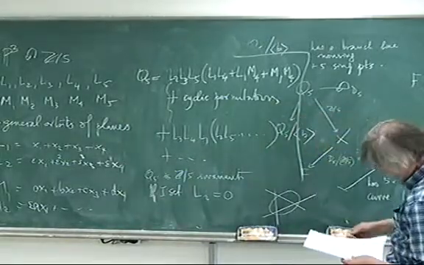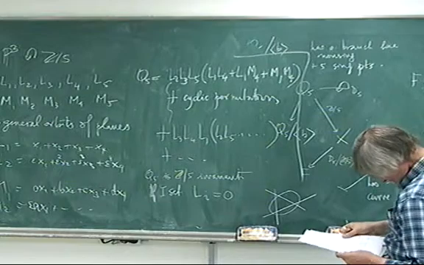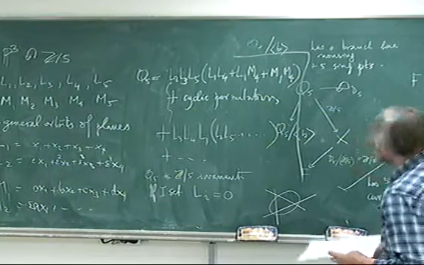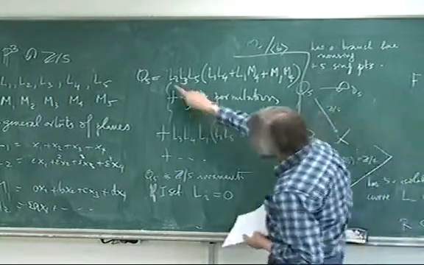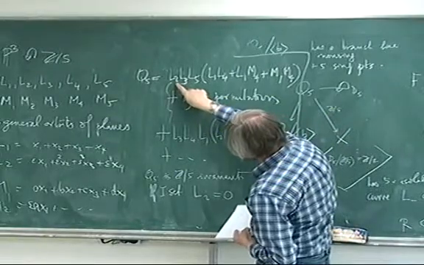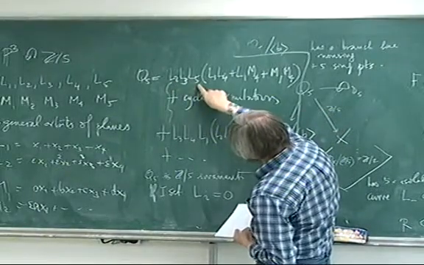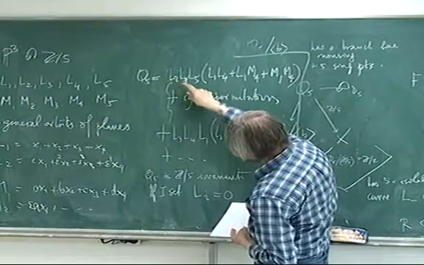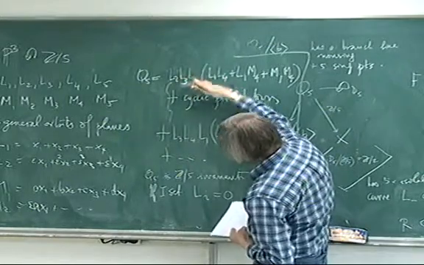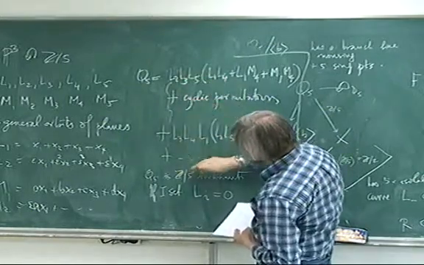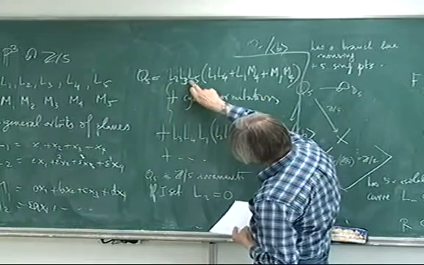Right. So let me see if I can. There are three values here, 2, 3, and 5, right? And so if I set L5 equals 0, then of these 5 terms, 3 of them will already be divisible by L5.